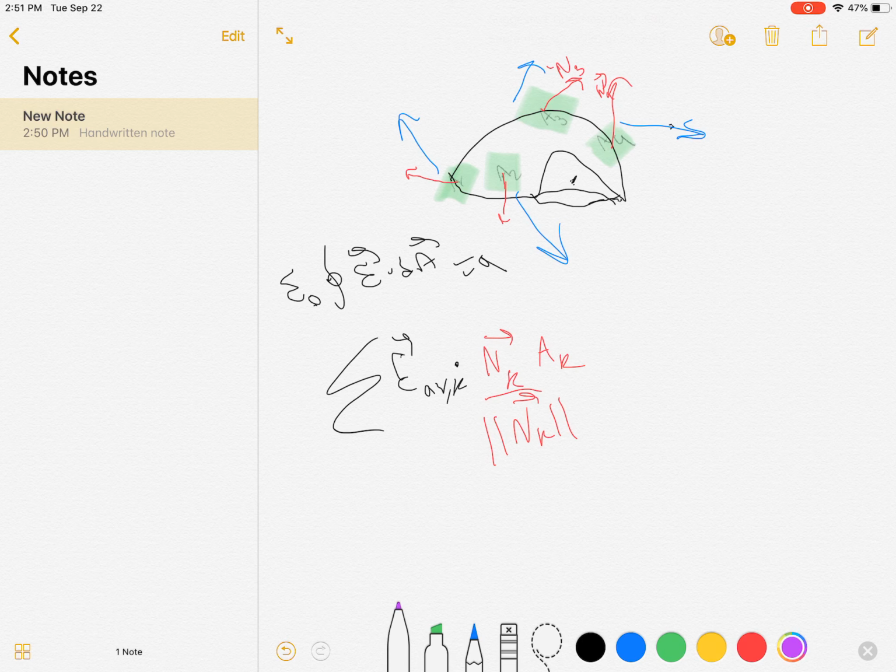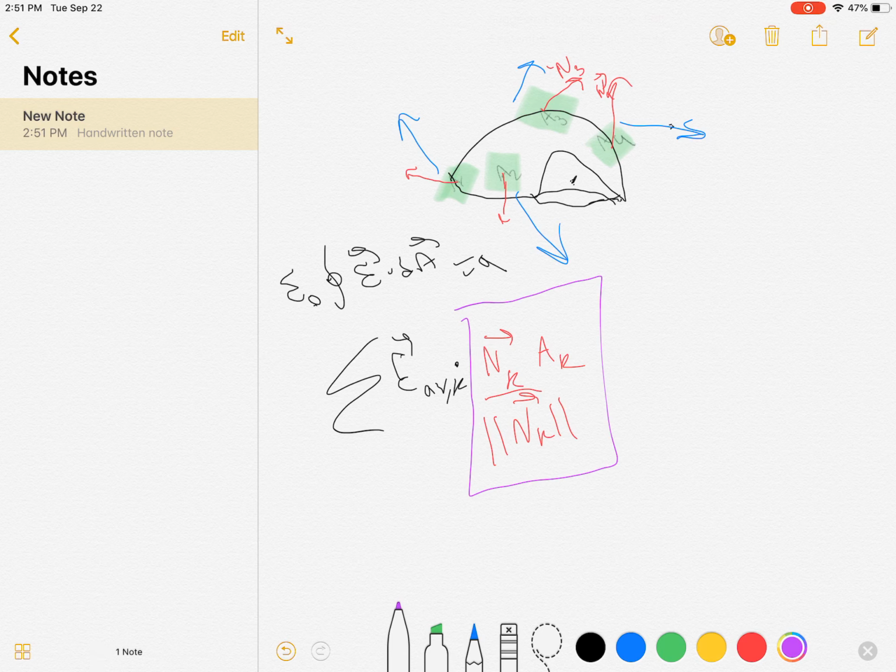This term is actually what we call the area vector, which is a vector which has the magnitude of the area of the thing it's subtending as its magnitude. And it has as its direction the direction of the normal vector that is perpendicular to that plane and that points outward from the surface.